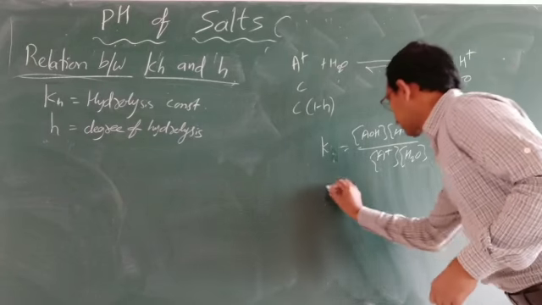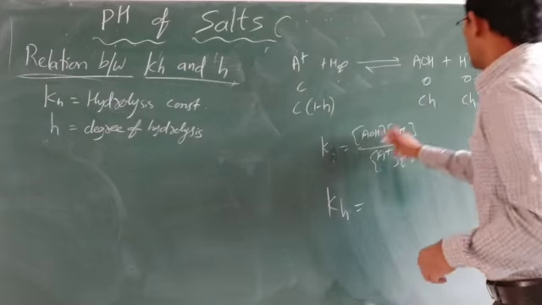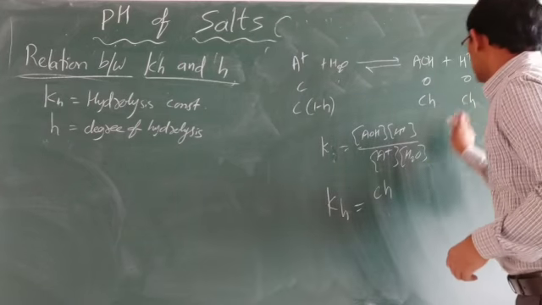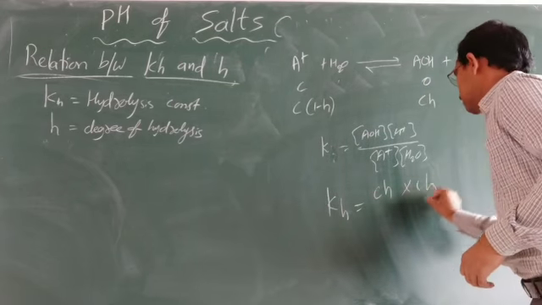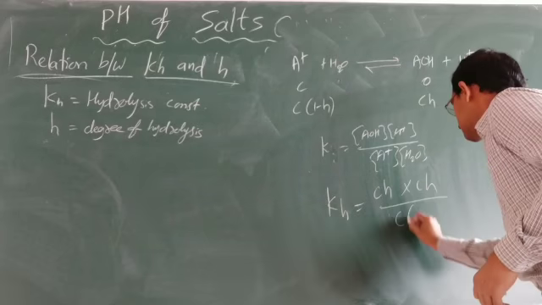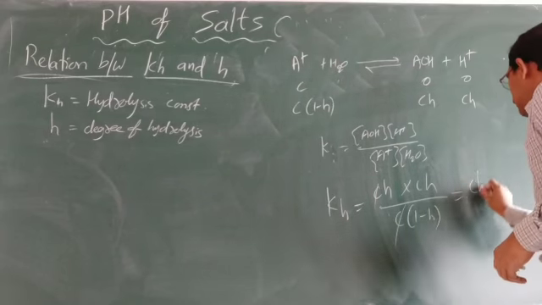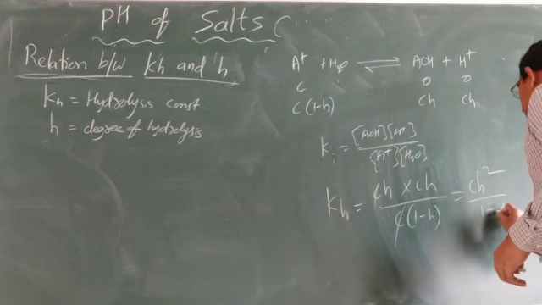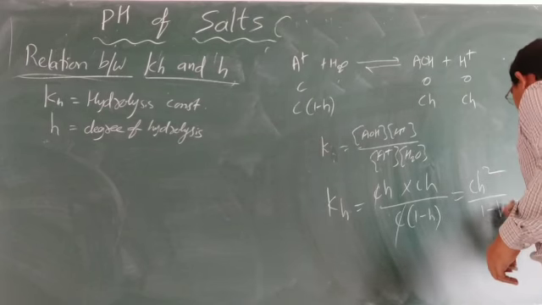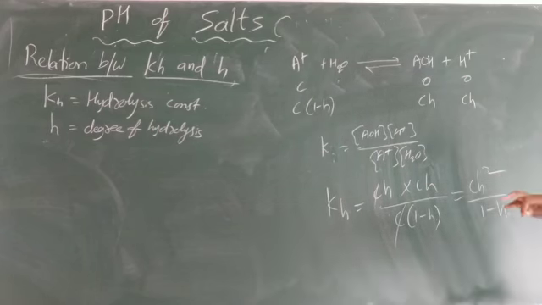Next step, KH equal, what is AOH? CH. Next step, CH upon C into 1 minus H. C, C get cancelled. Then CH square by 1 minus H. Us time में we took that alpha. Here H.